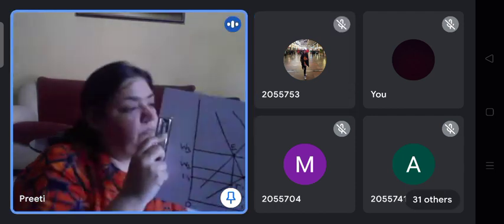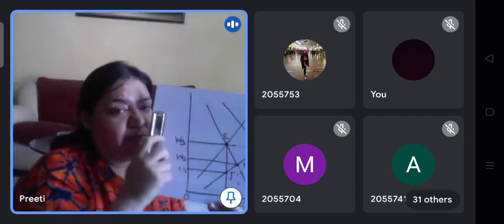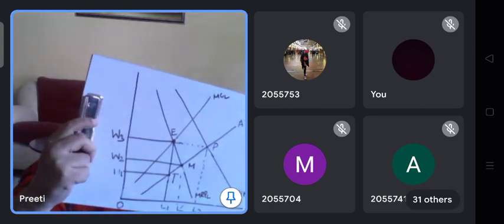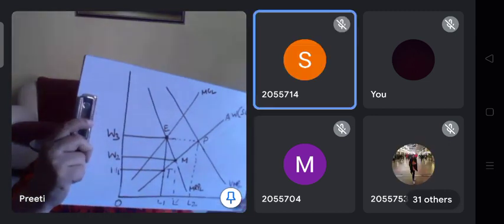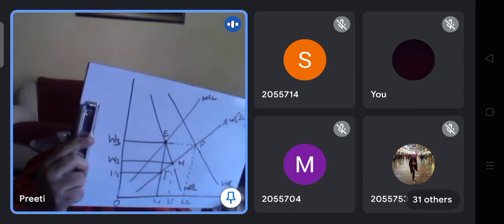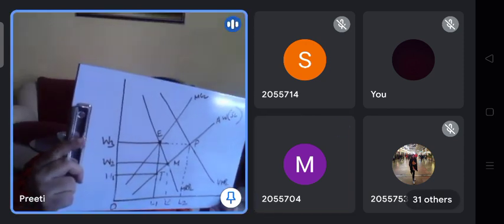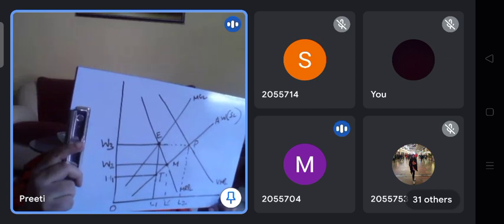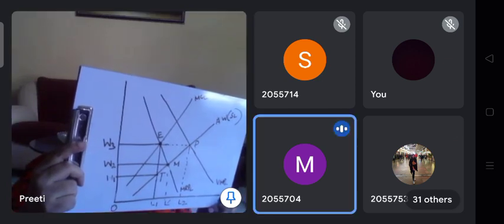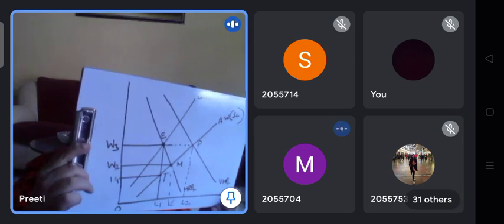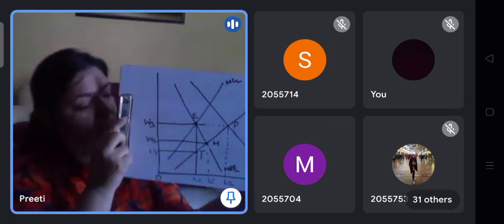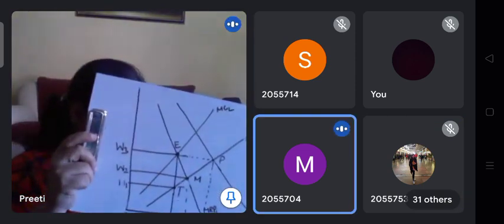So the point of intersection will be at E. And the level of employment will be OL1. But who is sitting on the other side? The monopolist, yes or no? So this EL1 intersects the labor supply curve at what point? At point T. Yes or no?